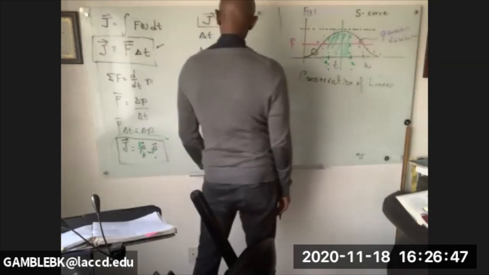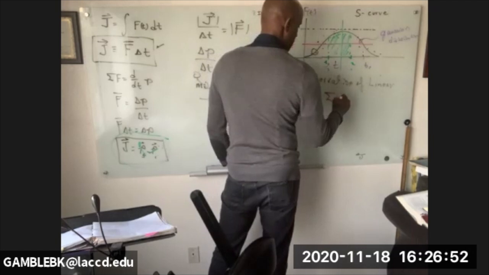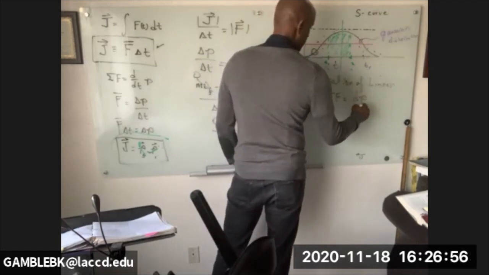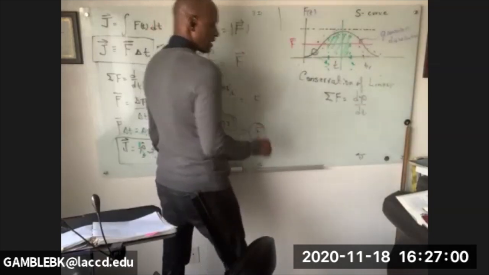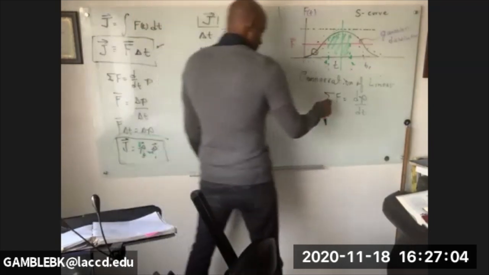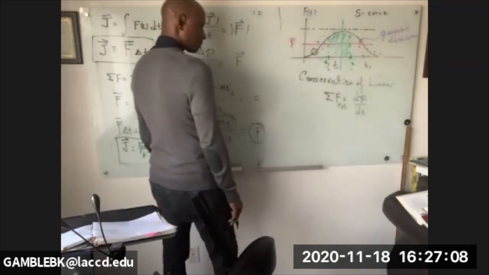First, start with Newton's second law, the second version that I taught you: the net force on a system is equal to the time rate of change of linear momentum. Remember, this is the net external force on the system.